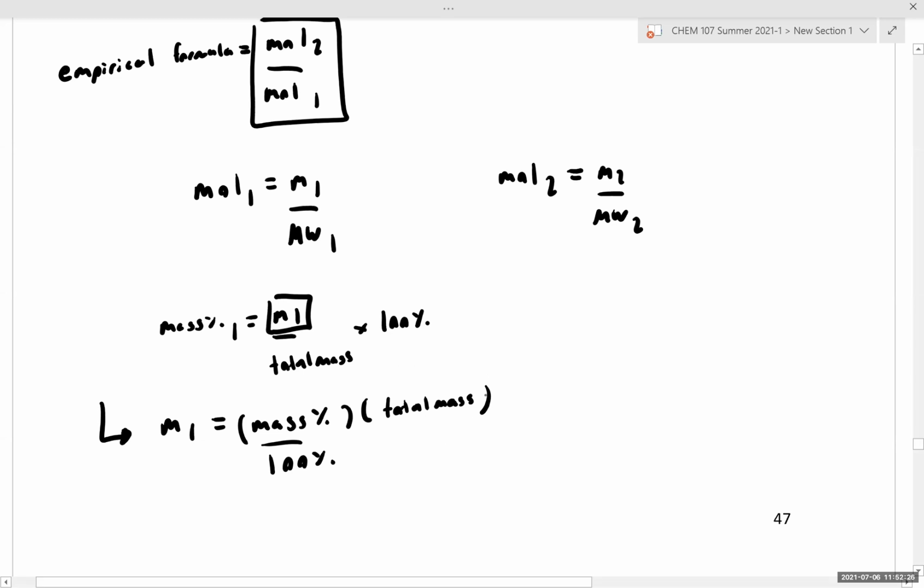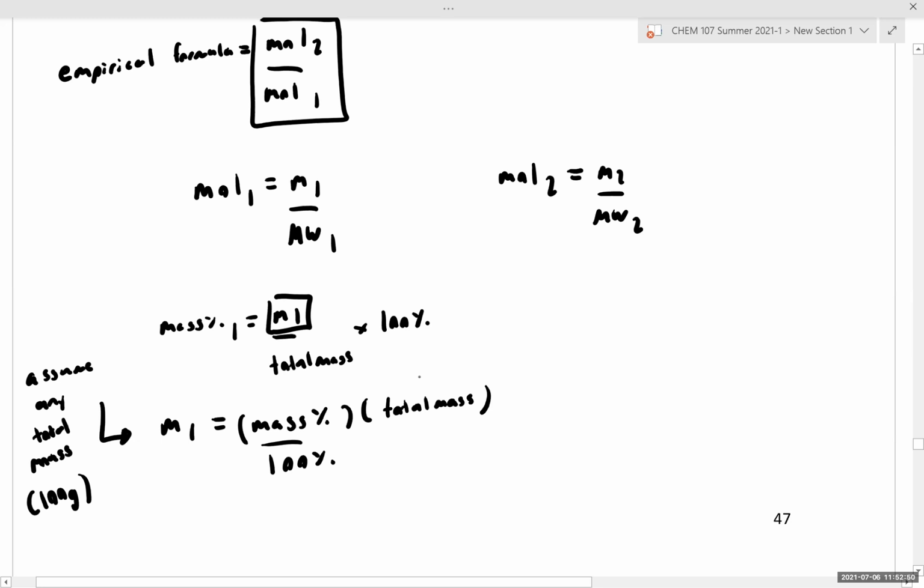If you wanted to do calculations stepwise, you can assume any total mass, though it's often convenient to assume 100 grams. That's how the book commonly teaches you to calculate the empirical formula. You solve for the mass using the mass percentage, assuming a total mass of 100 grams.